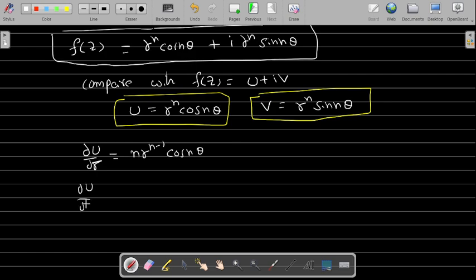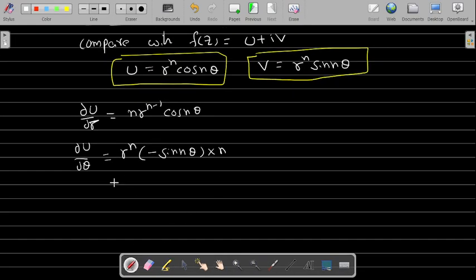Dou u by dou theta: with respect to theta, r power n is constant, and the differentiation of cos n theta is minus sin n theta, with the chain rule giving n. So this will be minus n into r power n sin n theta. You got dou u by dou theta.